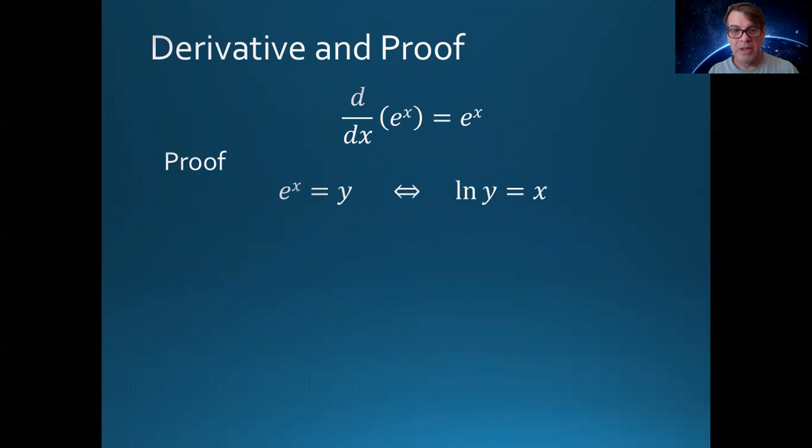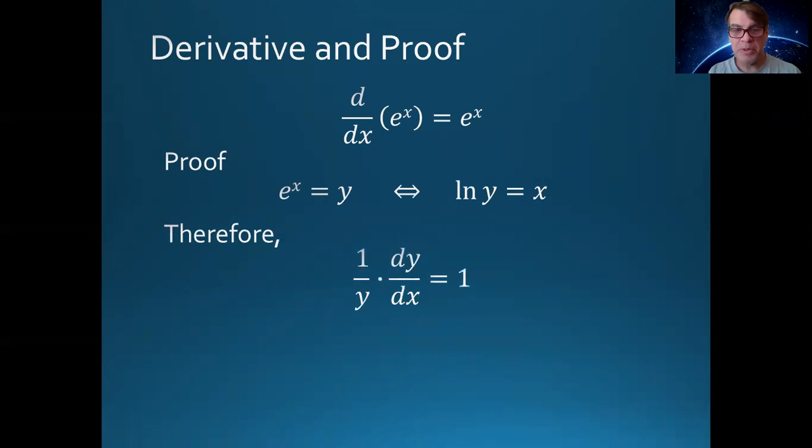Here's the proof. We said in the immediately previous video that the natural logarithm and the natural exponential function are inverse functions. So if you switch the variables around, they cancel. What this implies is, let's do implicit differentiation of the natural log of y equals x.